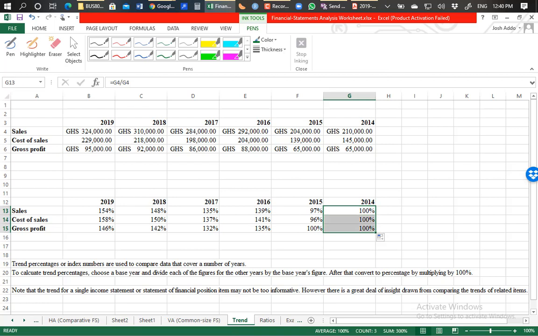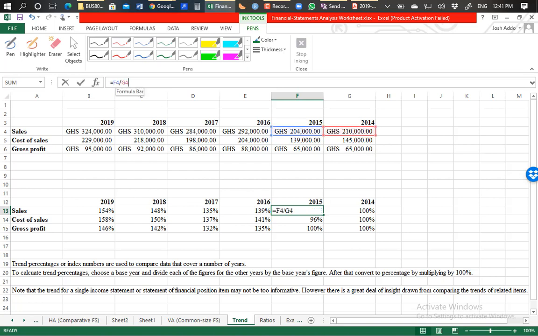In terms of fraction, it will be 1. Then I come here, equal to 2015 divided by the base period 2014 times 100. The cell is already formatted as percentage, so it will automatically show as a percentage. It's 97%.